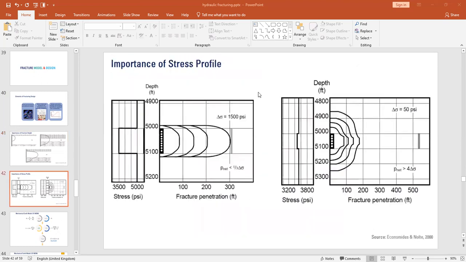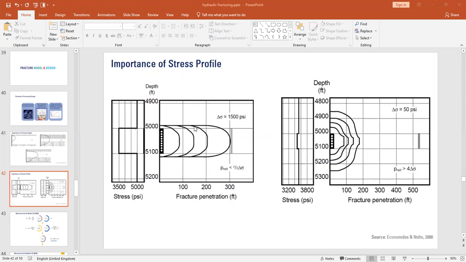Then, the main thing that defines the shape of the fracture is the stress. Normally, you're pumping your fluid in this particular interval. If you look, for example, here, this stress has a lower value. This is 3,500. The highest here is 5,000. If you are pumping at, let's say, 4,000, you are expecting that it is higher than this value but lower than this value.